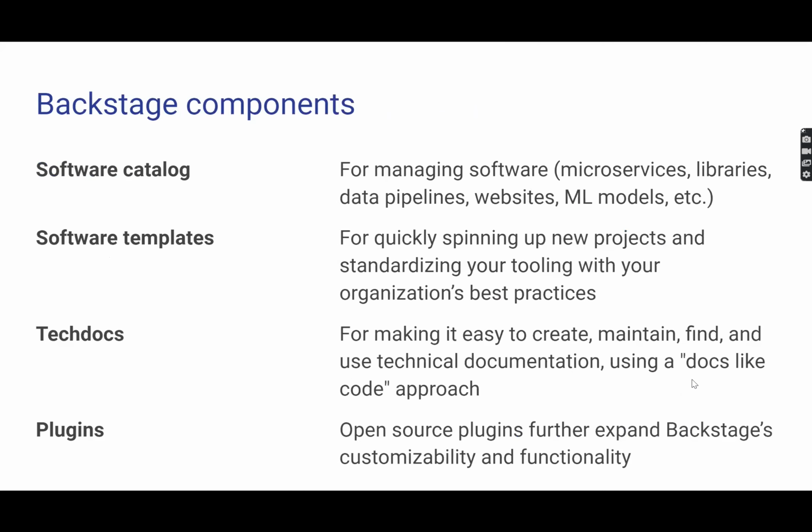And just a quick look at this. It contains things like a software catalog, so listing all your APIs, all your microservices, models, and so on. It has templates for how you create a new instance of a type of application.